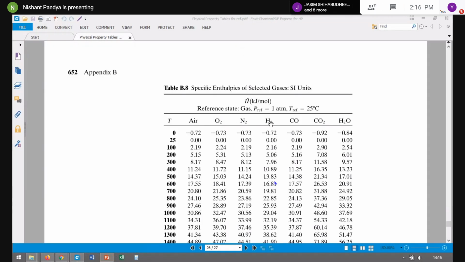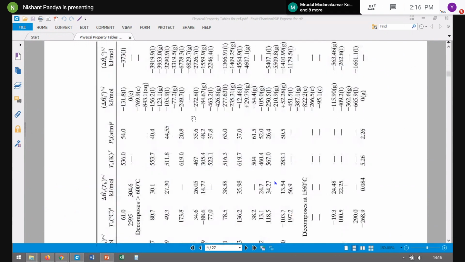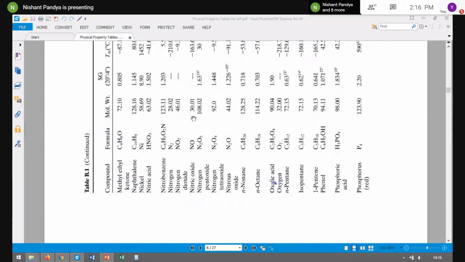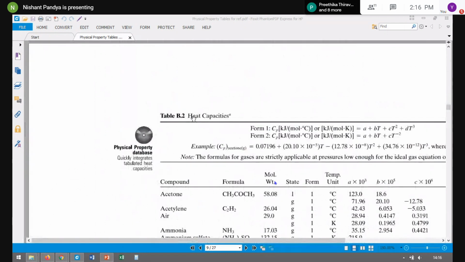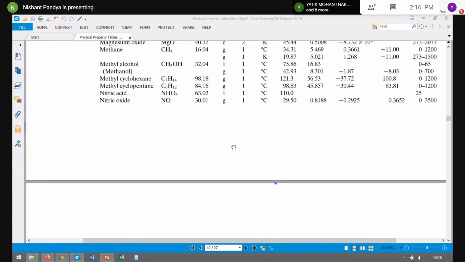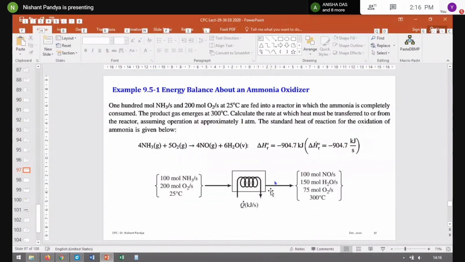So here you don't have. So in this table you don't have NO, so you have to go and read the Cp formula of NO. Okay, so here nitric oxide, this is formula 1, and these are the A, B, C, D values. Right, so for the first calculation you have to use CpdT.